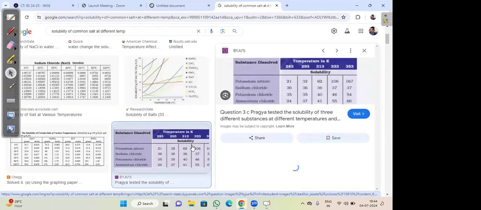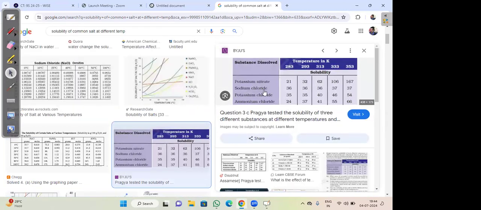So in this table, for sodium chloride, the solubility at 283 Kelvin is 36. At 293, it's also 36. At 313, also 36. At 333 Kelvin, it becomes 37. At 353 Kelvin, it again becomes 37. So for all these salts, we observe that their solubility increases on increase of temperature.